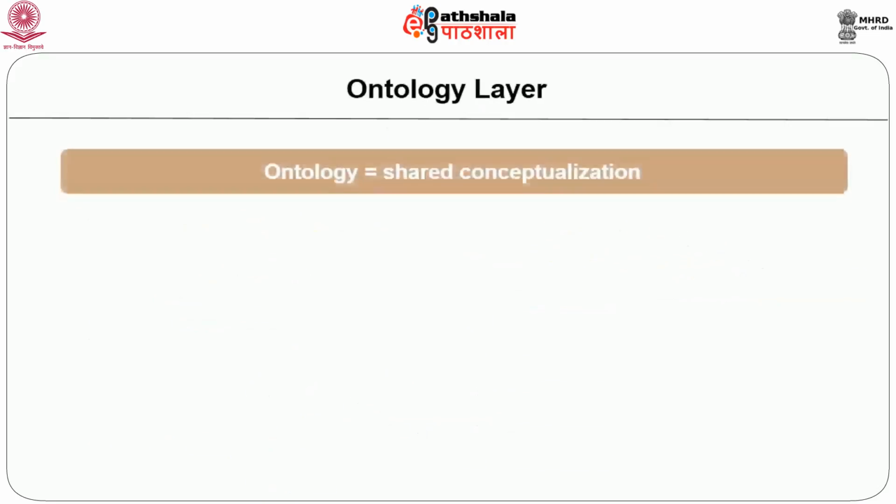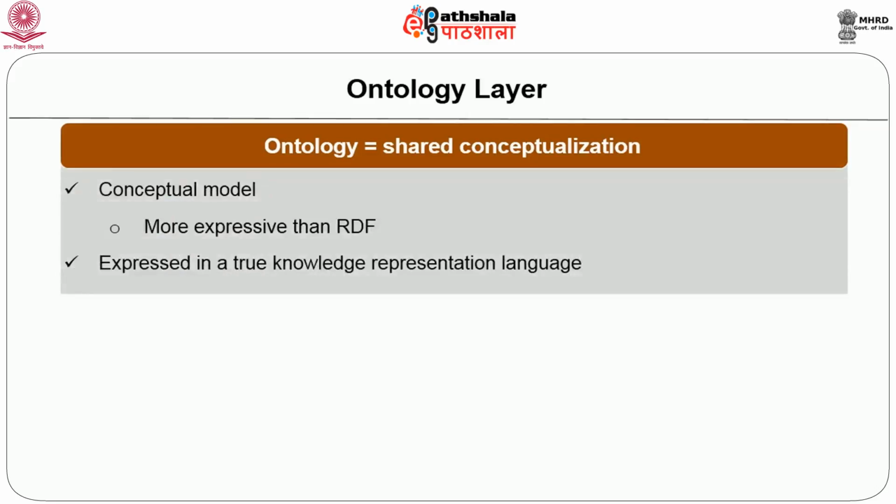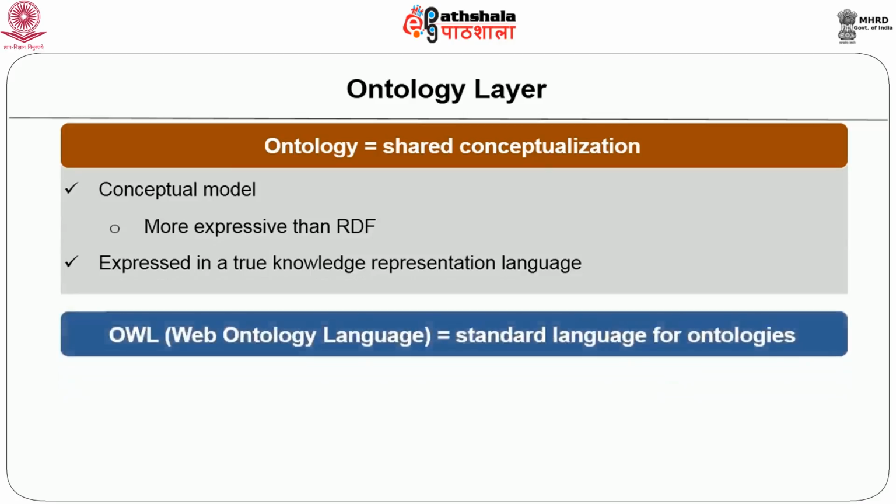Now from here we can understand shared conceptualization. What is ontology? It's a formal, explicit specification of a shared conceptualization. So a conceptual model is there, expressed in a knowledge representation, and for ontology there is a special language. It is an acronym, Web Ontology Language, abbreviated as OWL.